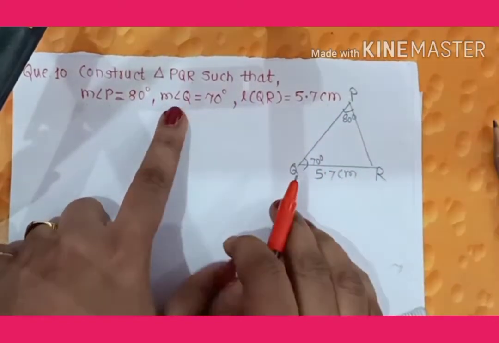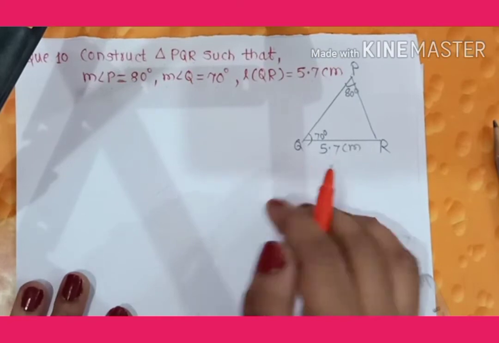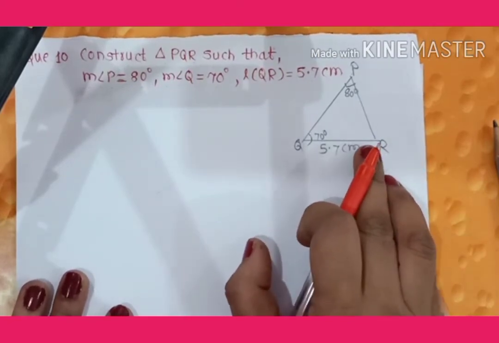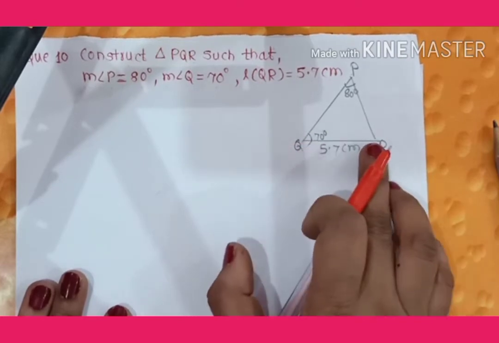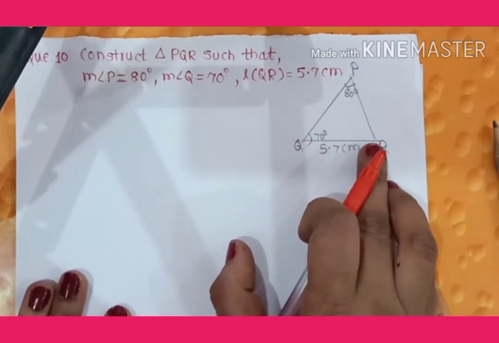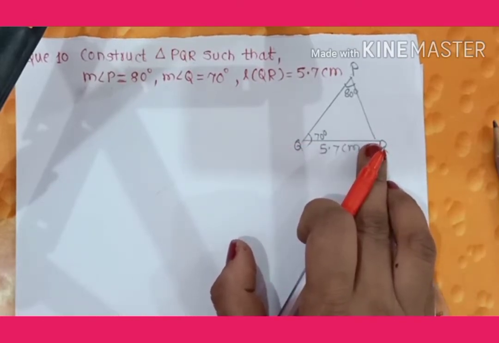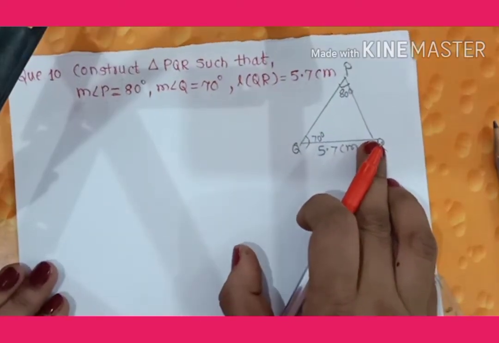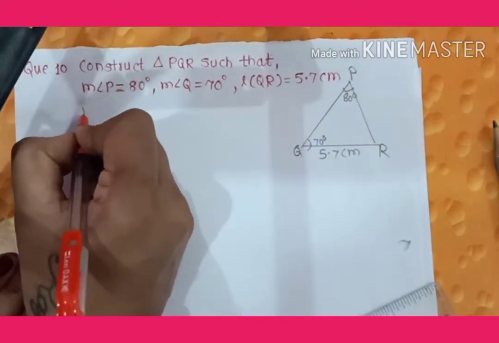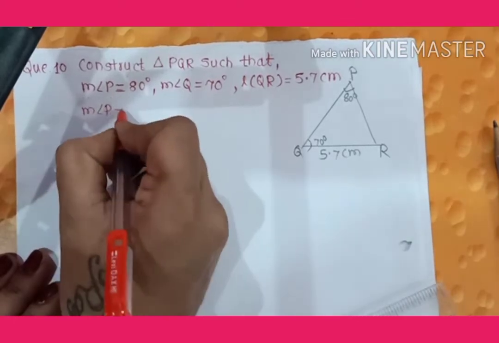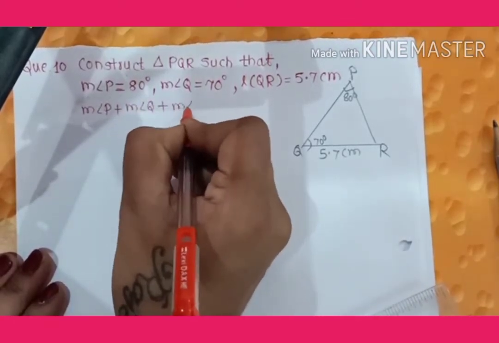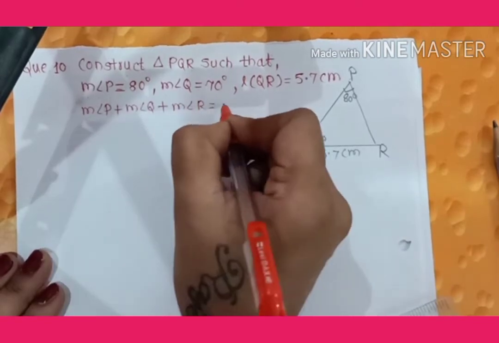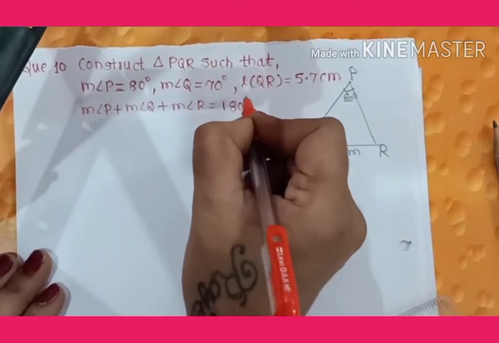Now here first we find measurement of angle R. All of you know that sum of the measures of the three angles of a triangle is equal to 180 degree. So here we write measurement angle P plus measurement angle Q plus measurement angle R is equal to 180 degree.